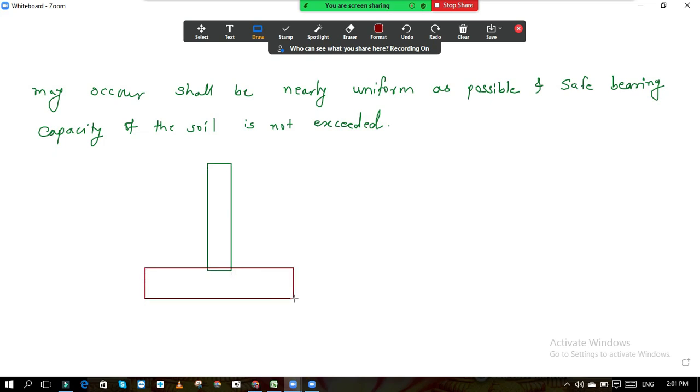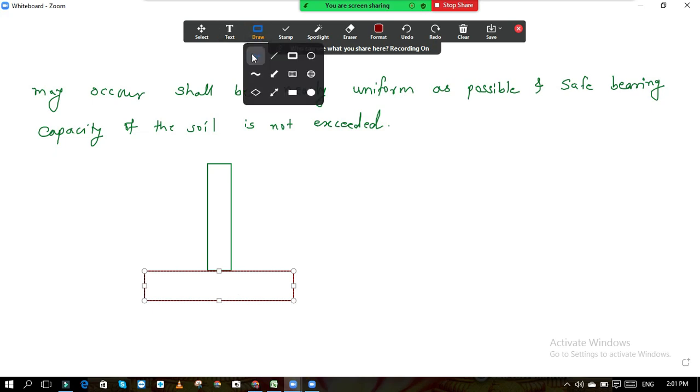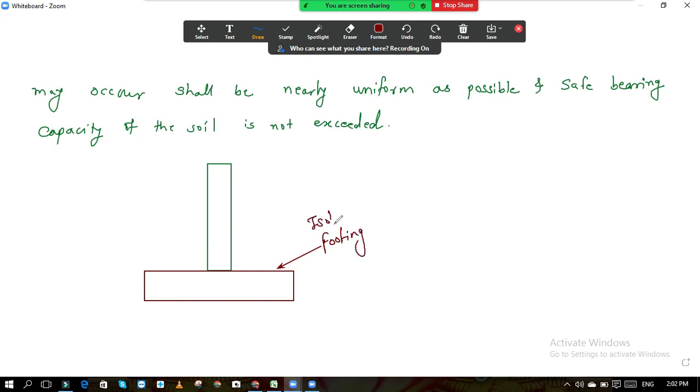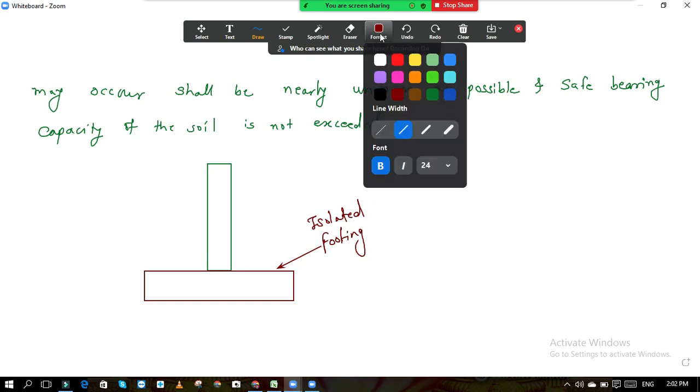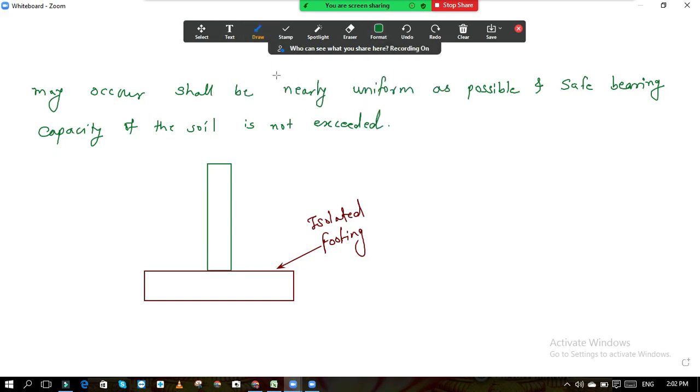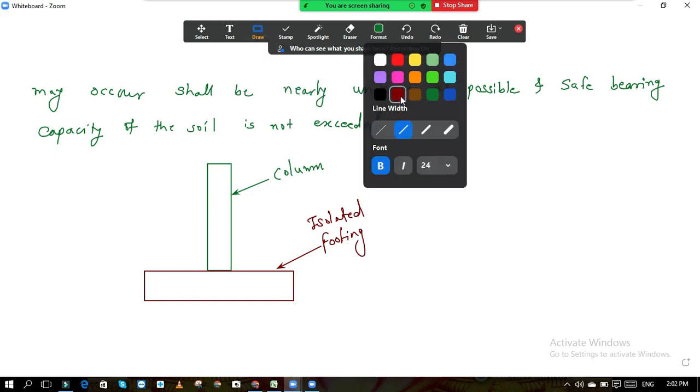This is the footing, and this is called an isolated footing. Next one is this, which is nothing but your column.